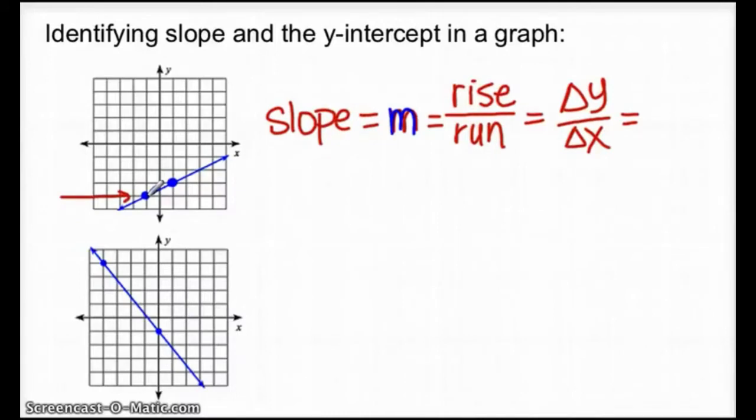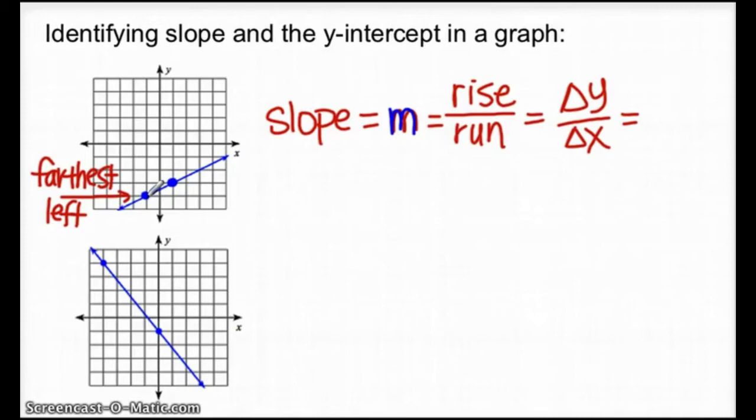That does not mean that it is the highest on your graph or the lowest. It is the farthest left, so it has the most negative x value. So you're going to start at that point.